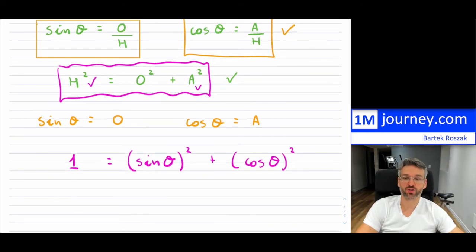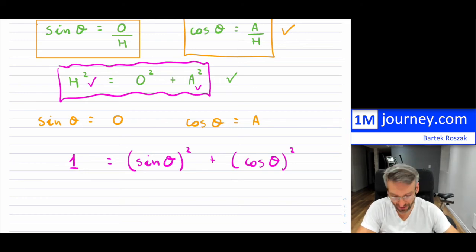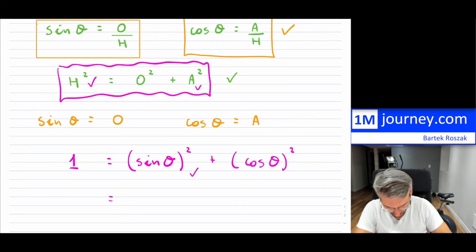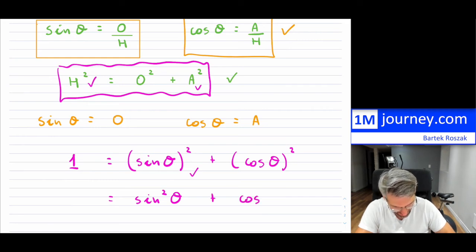It's just common in math that instead of writing sine theta squared like this, we typically write it like this. This is just for convenience, but they mean exactly the same thing.